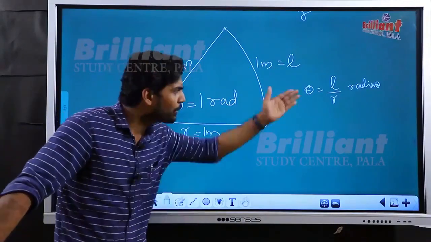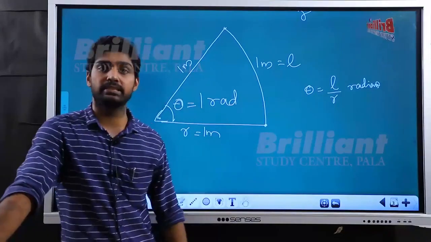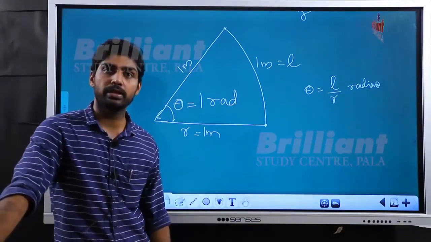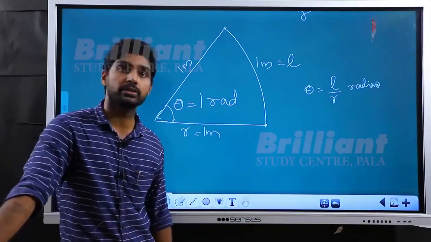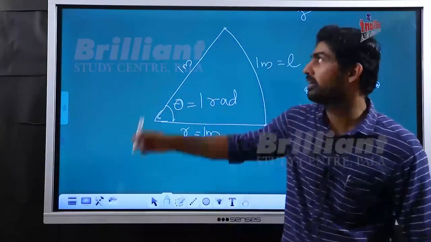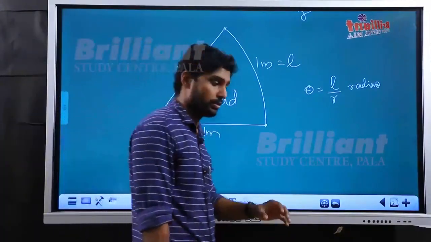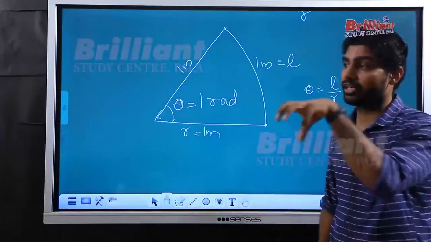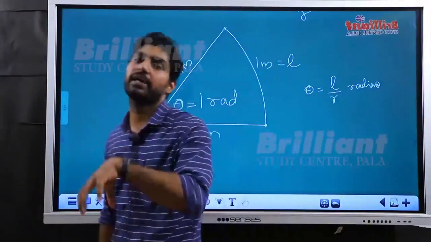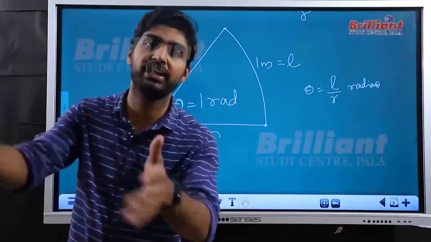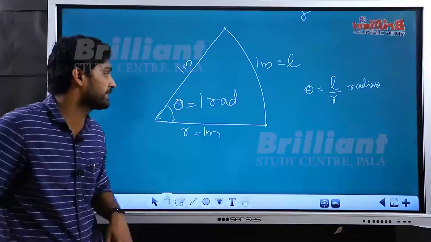It is meter. Unit of r, that is also meter. Then what is the unit of L by r? It should be unitless. It should not have any units. Yeah, that's the problem. That is why we classify it as supplementary unit. We do not include it in fundamental or derived unit. We just classify it into a new category.